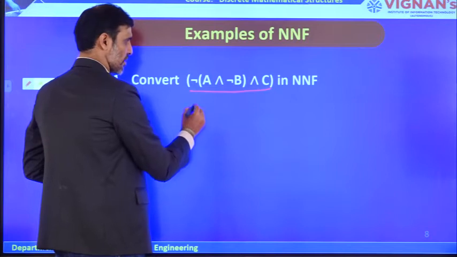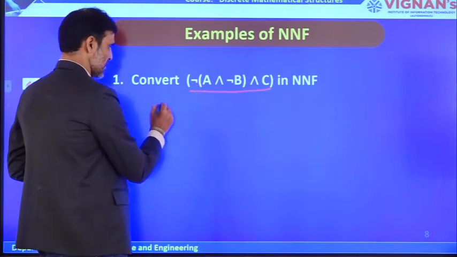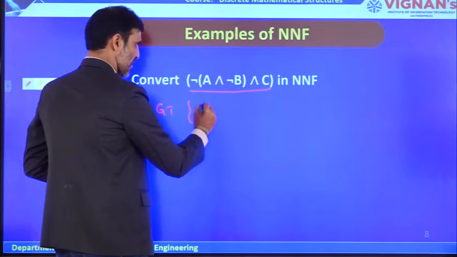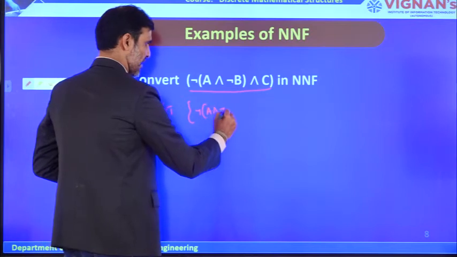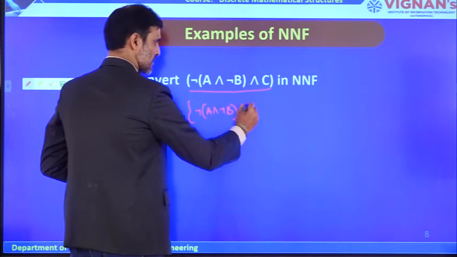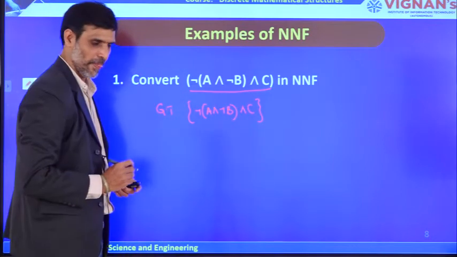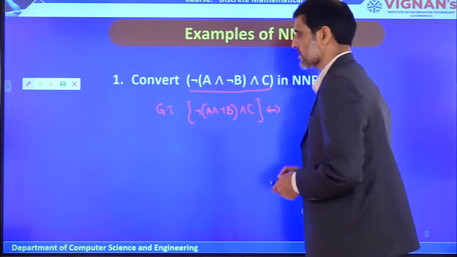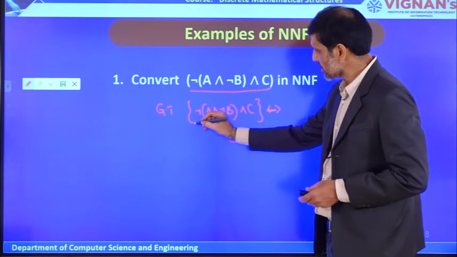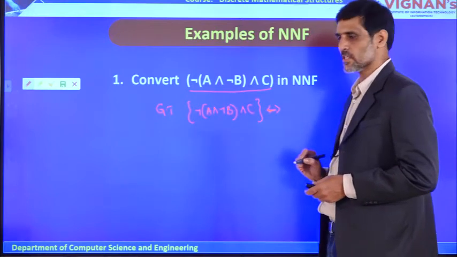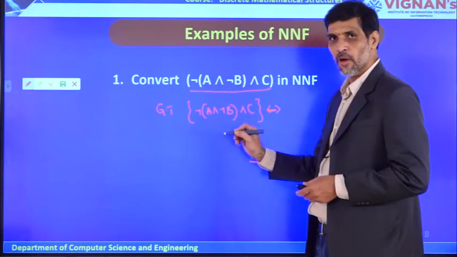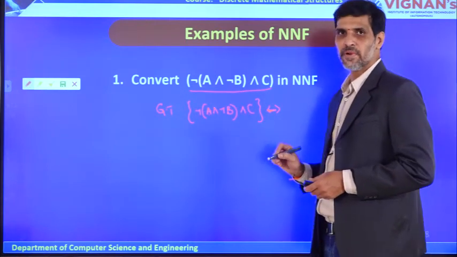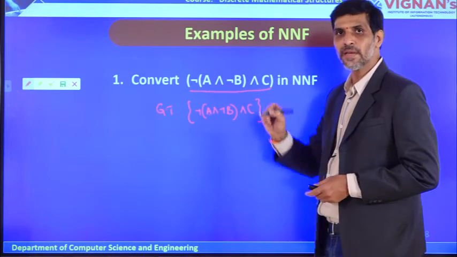So I am writing what is given, ¬(A ∧ ¬B ∧ C), and this can be written as an equivalent. Because negation appears in front of this compound proposition, we use De Morgan's law: ¬(A ∧ B) can be written as ¬A ∨ ¬B.